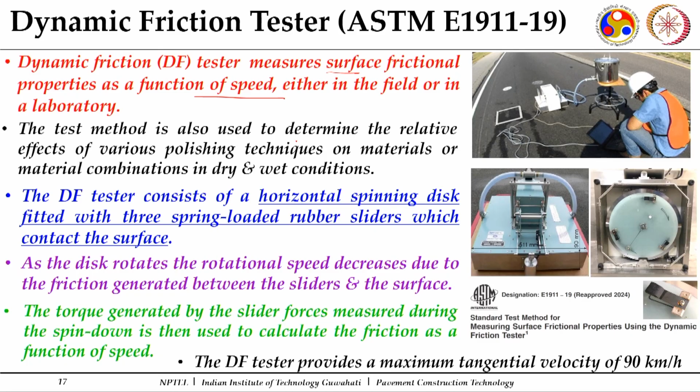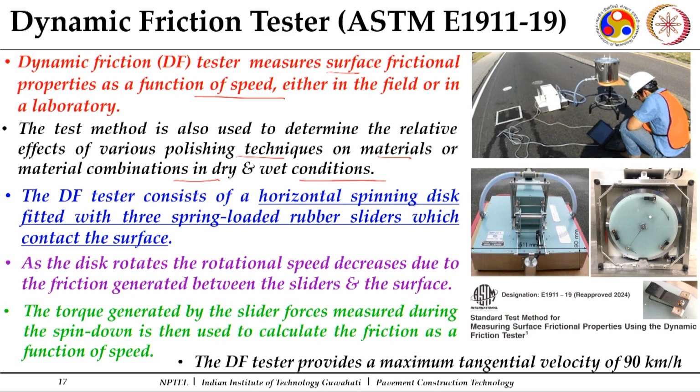It is used to determine the relative effects of various polishing techniques on materials or material combinations, because I can do some accelerated polishing over laboratory prepared samples, and I can also take the tester to the field and measure the variation in friction with speed on field samples. Here you can see a horizontal disc which is lower down.